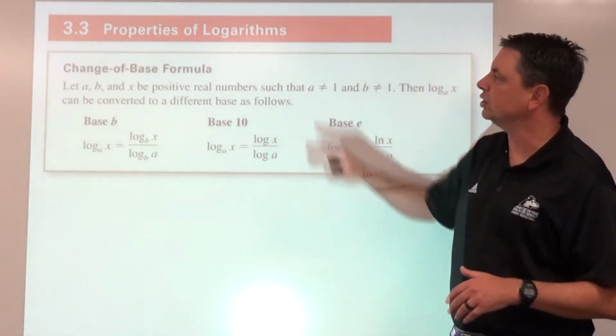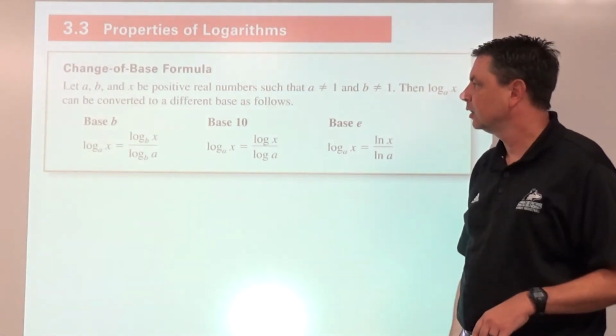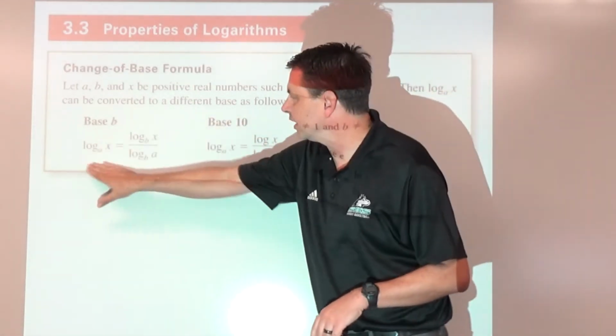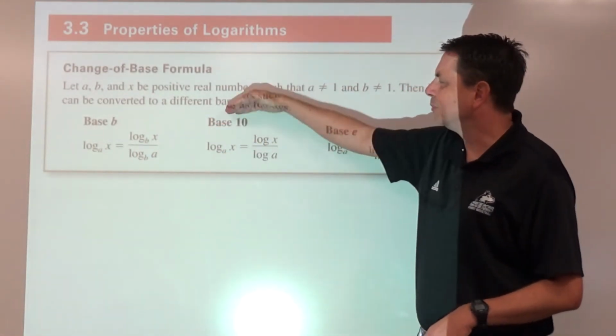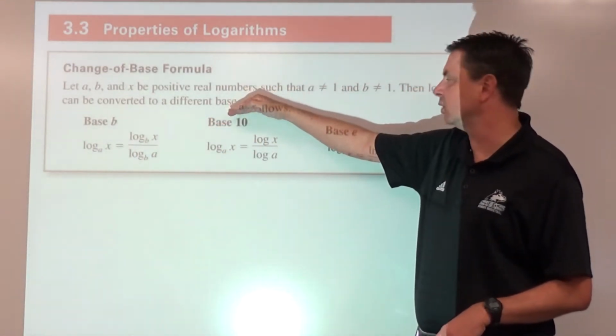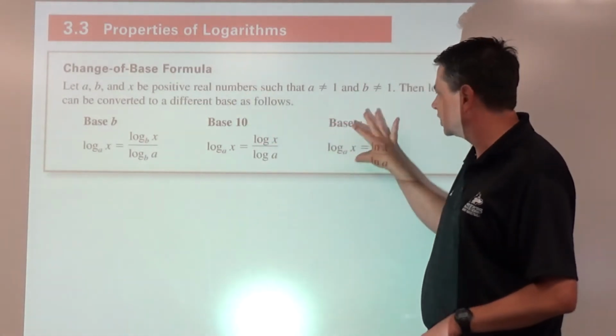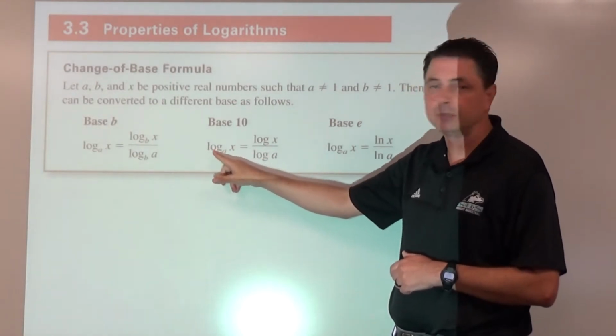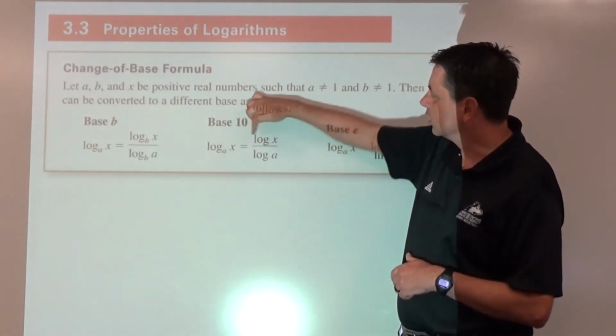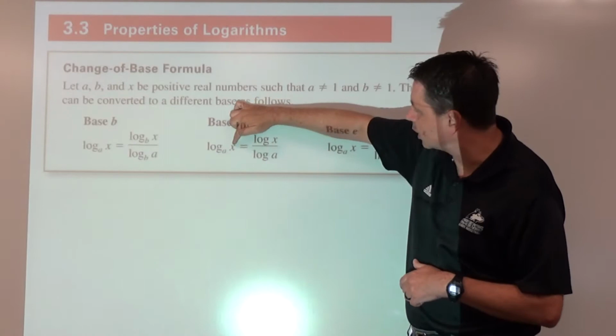So we could use the change of base formula, which we have here with base b. Usually you're going to use one of these two right here. Base 10 is probably the most common one, but we could use this one as well. For example, if it was log base a of x, or log base 2 of 7, the numerator is the log of the argument.